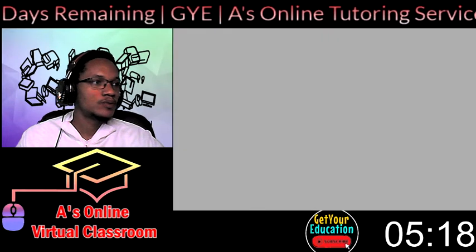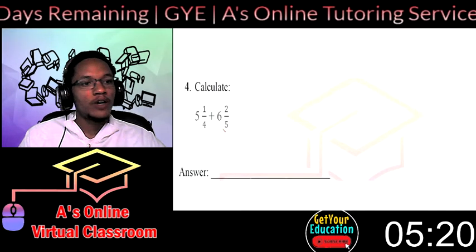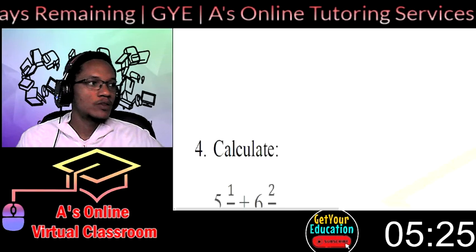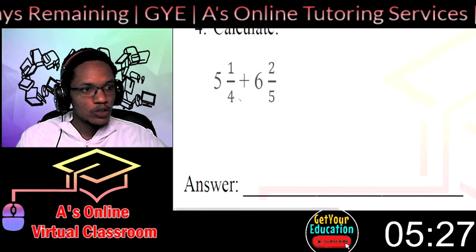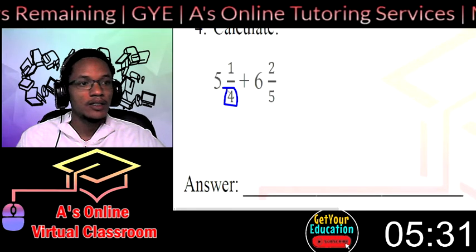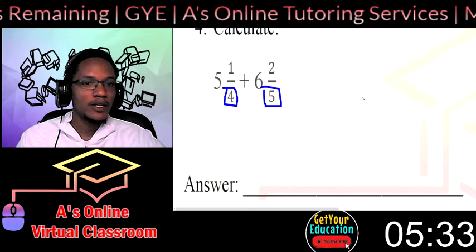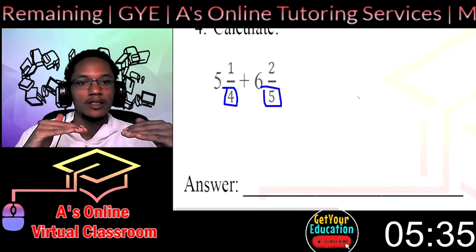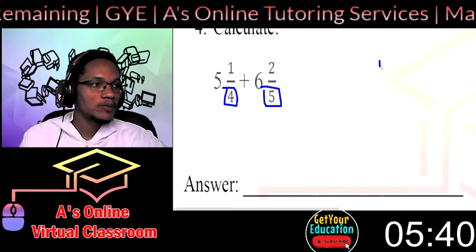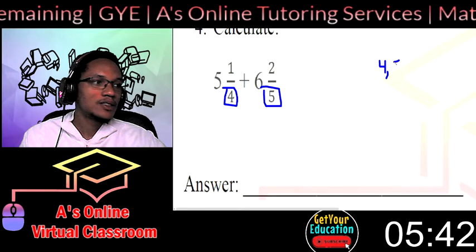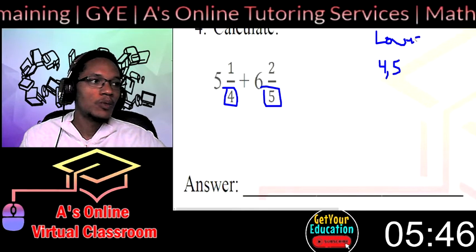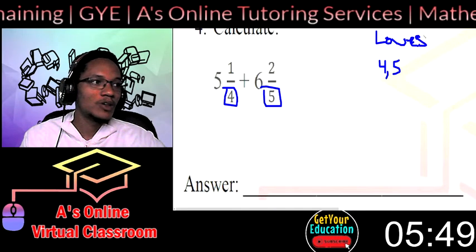Next question. Calculate 5 and 1 over 4 plus 6 and 2 over 5. So what we're going to have to do first of all, once we are adding or subtracting fractions, we have to find the LCM of the denominators. If the numbers in the fraction part are not the same, you have to do LCM, and LCM stands for lowest common multiple.